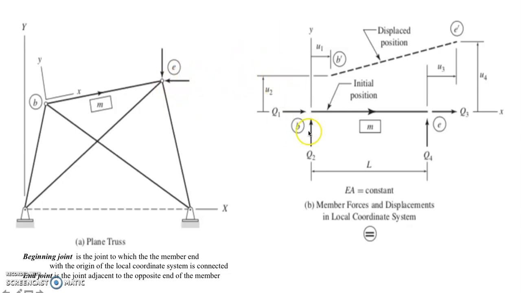and a total of 4 member end forces. If you observe our illustration here, we have member M, and there would be 4 member end displacements and 4 member end forces.